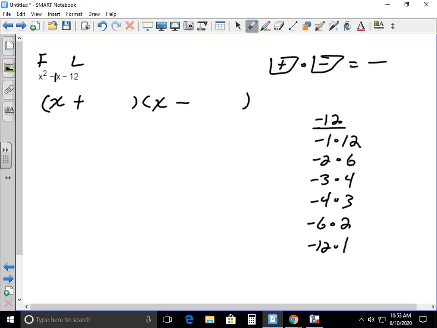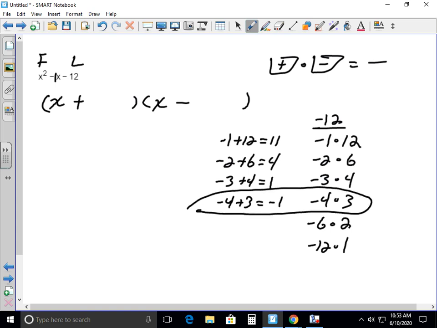The question is, which of these, when we add them together, make a negative 1? Well, negative 1 plus 12 is 11. Negative 2 plus 6 is 4. Negative 3 plus 4 is positive 1. Negative 4 plus 3 is negative 1. So that's the one we need.